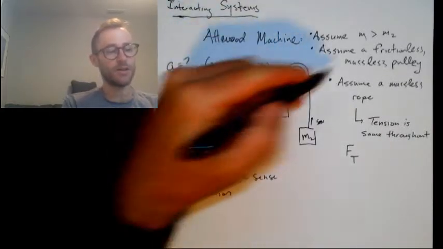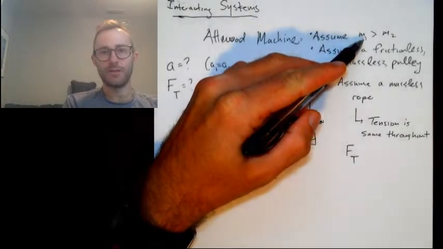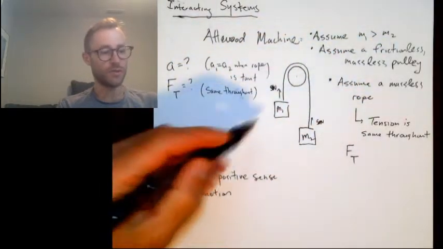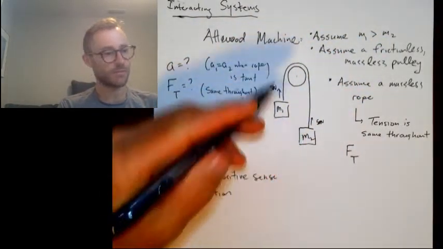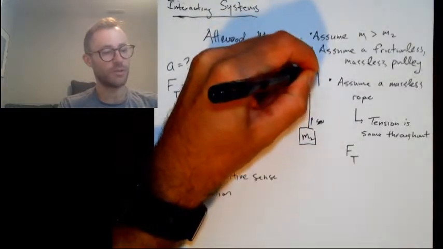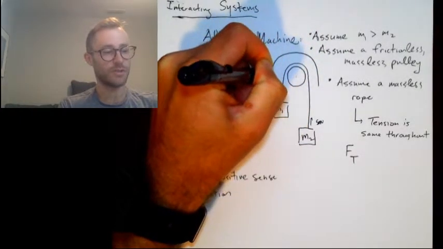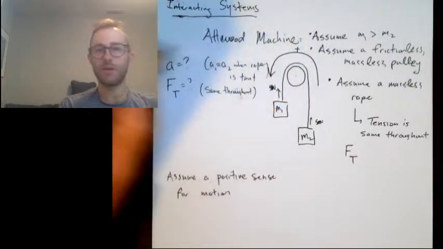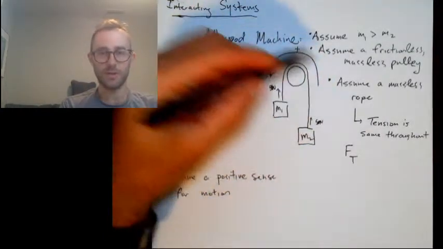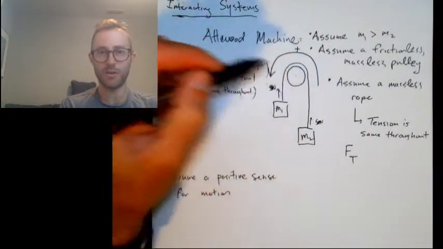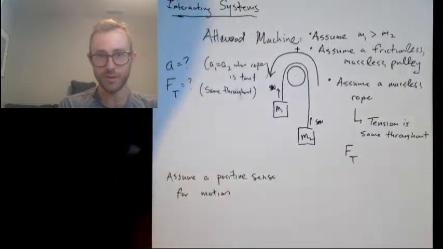Because M1 is greater than M2, I know that M1 is going to fall and M2 is going to rise. All right? So I'm going to choose the positive sense of rotation to be the counterclockwise sense. Okay, so if the pulley is spinning counterclockwise, that's the positive direction.